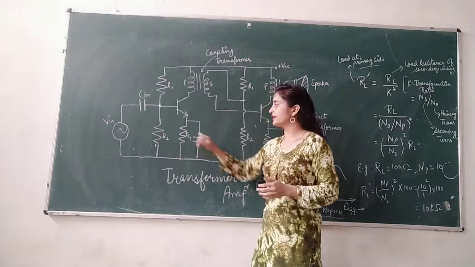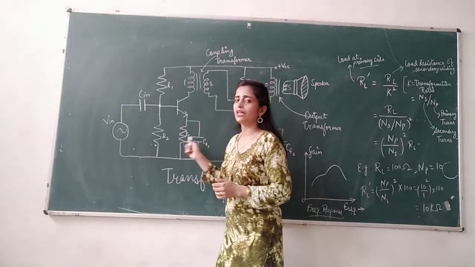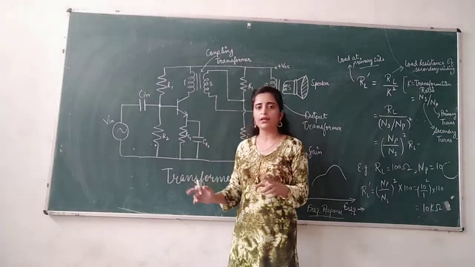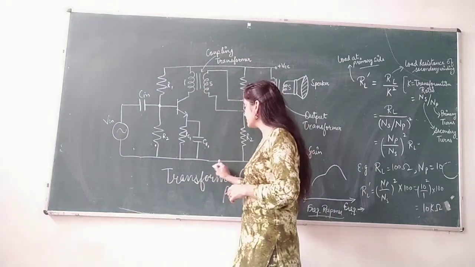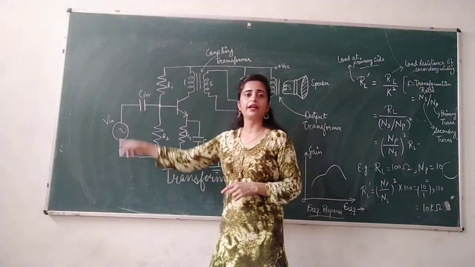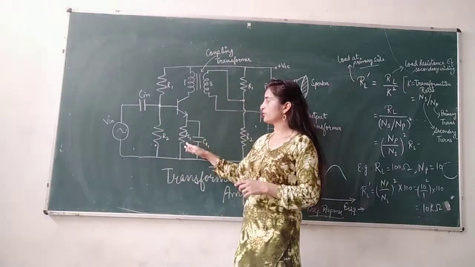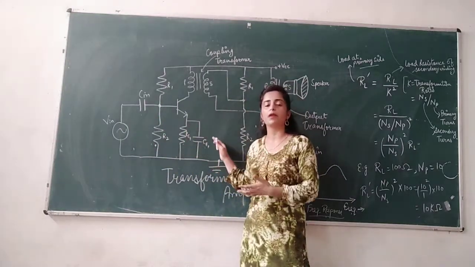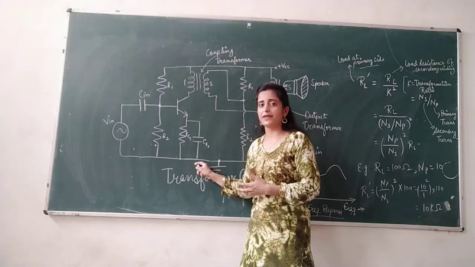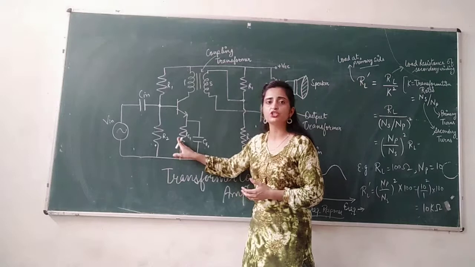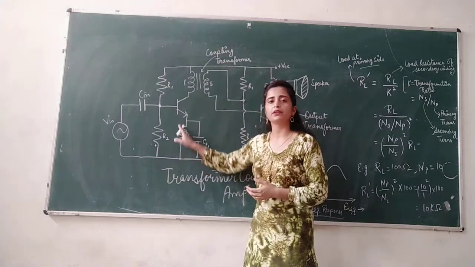Then the RE and CE pair are used so that the output is stable and there is no kind of negative feedback to the input side. CE works as a bypass capacitor so that no voltage drop can happen across the emitter resistor.